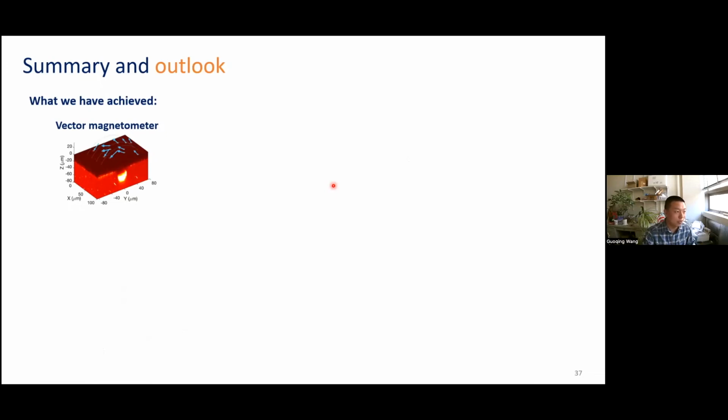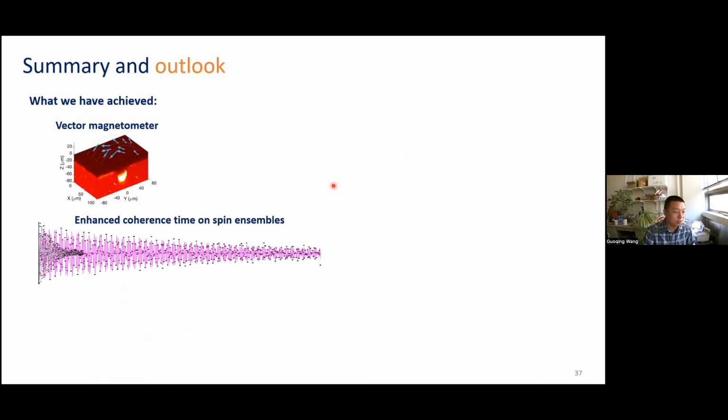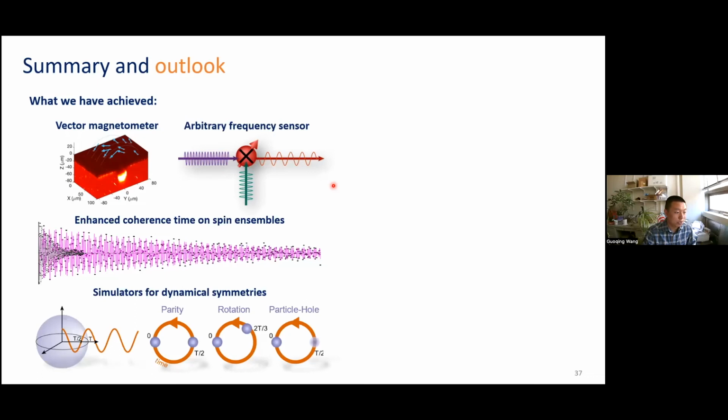And to solve the conflict between ensemble enhancement and the coherence time, we use the unbalanced echo to protect the nuclear spin, which achieves similar performance as a single qubit. We also developed a so-called quantum frequency mixer to achieve the sensing of arbitrary frequency fields. And in the simulation part, we engineer and characterize dynamical symmetries by engineering those Floquet energy levels.